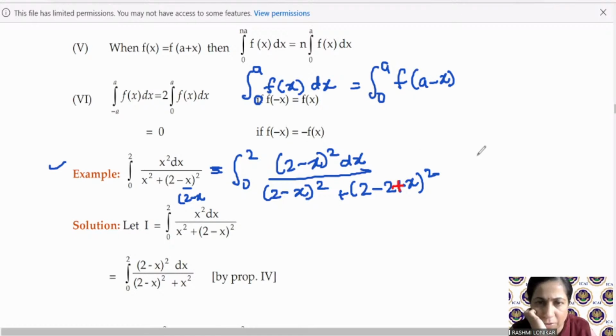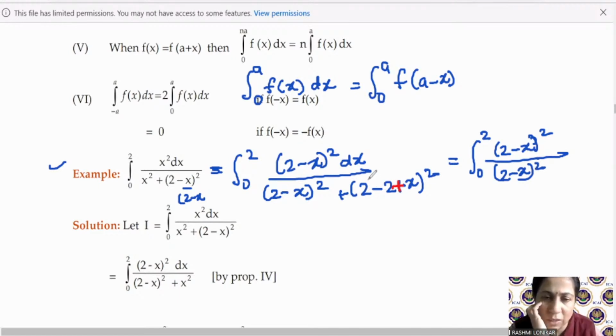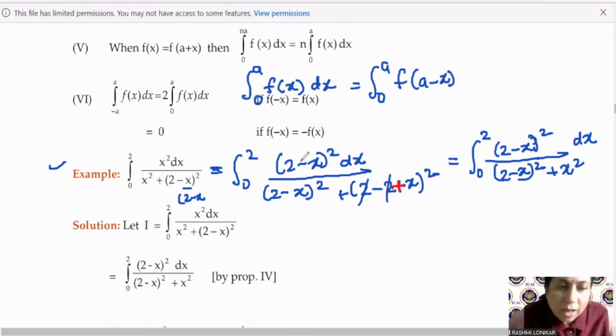When I simplify this, it is equal to the integral 0 to 2 of (2 minus x) whole square upon (2 minus x) whole square plus x square dx, since 2 minus 2 gets cancelled. So this is equal to this.